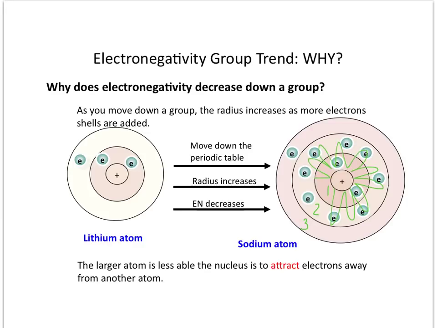That's also going to help us explain why the nucleus is not going to be able to grab an electron from a different atom. It's not going to be strong enough to pull an electron from a different atom due to this shielding. So the larger the atom, the less able the nucleus is to attract electrons away from a different atom.